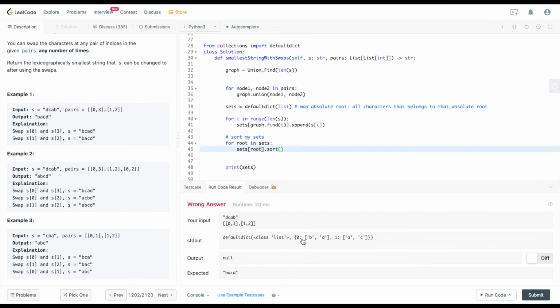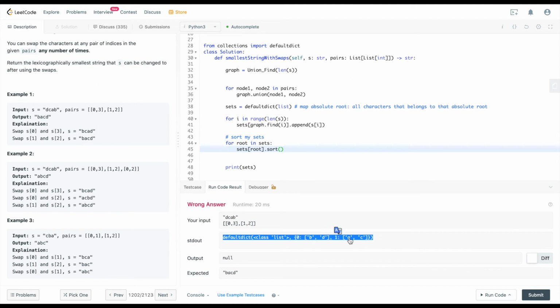Our sets is now mapped, the root is 0, and the 0 absolute root maps B and D, and then the 1 absolute root maps A and C, which is based on the root, right? And now it's actually sorted, because before it was D and B and then C and A. Now it's sorted alphabetically.